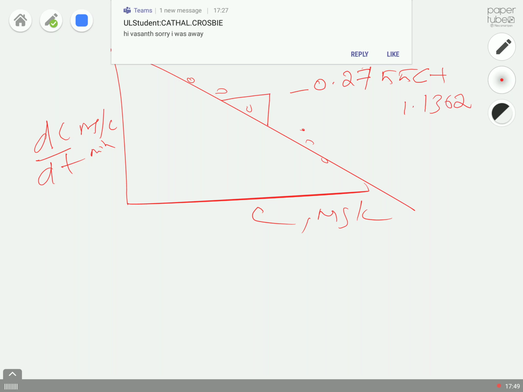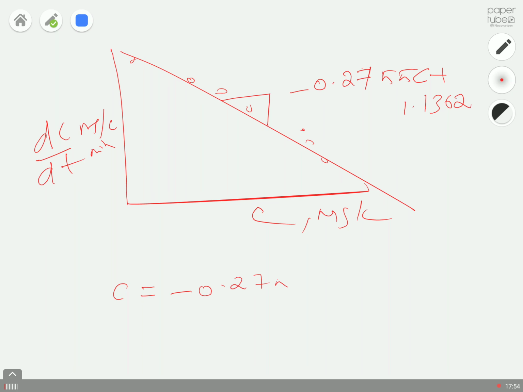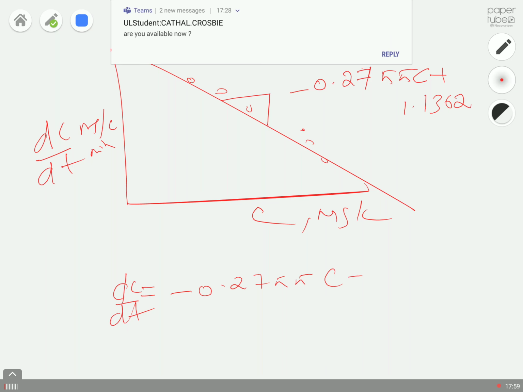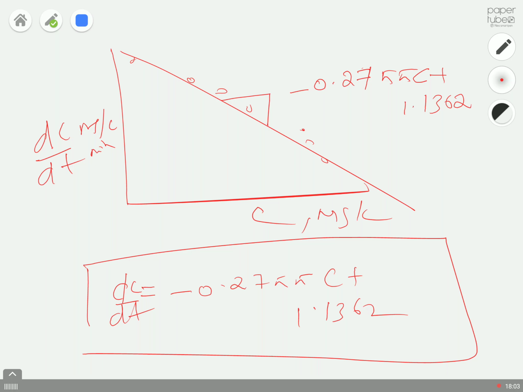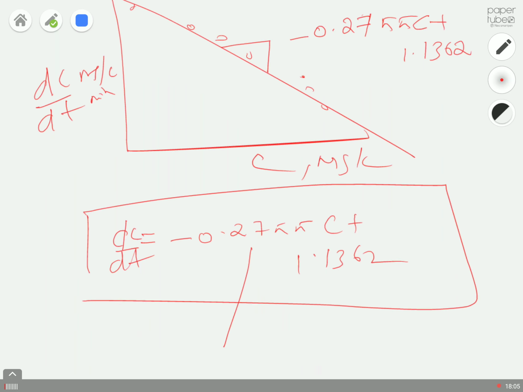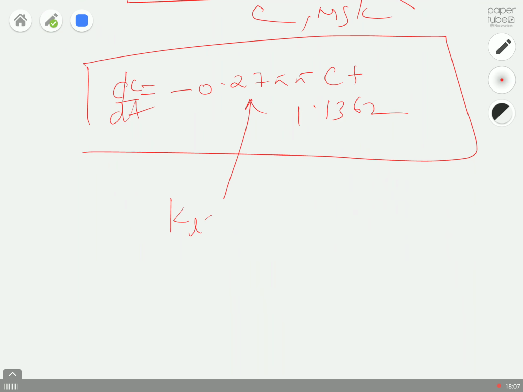So dc by dt will be equal to minus 0.2755 c plus 1.1362. So what is this? This is nothing but your KLA, with a unit of 1 per minute. This is such a simple problem. All you need to know is how to fit your data.